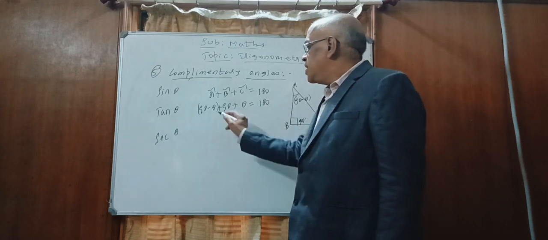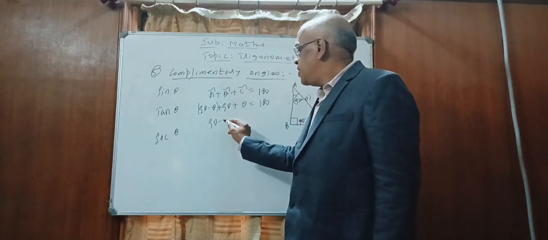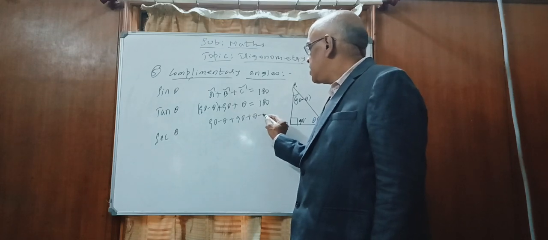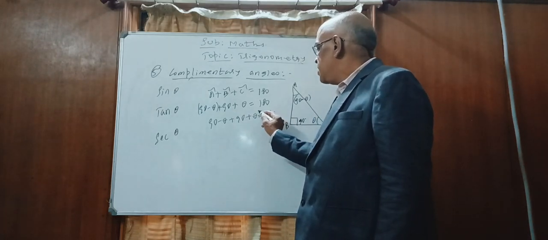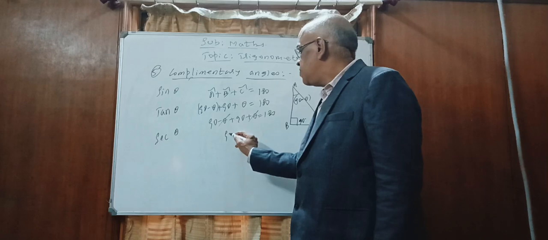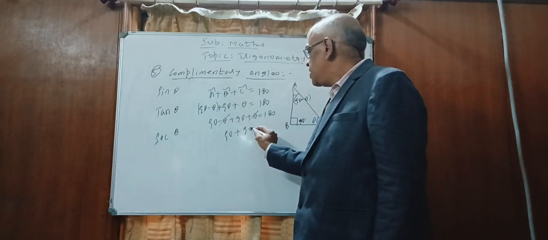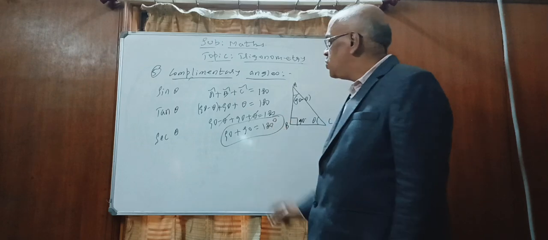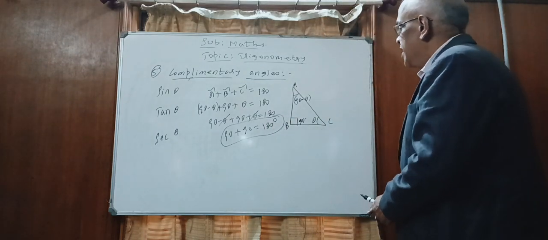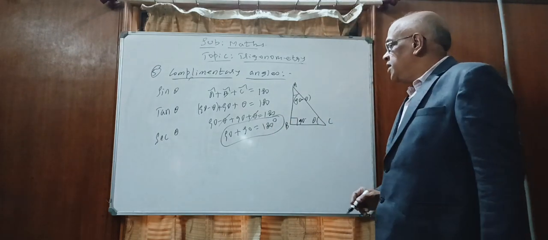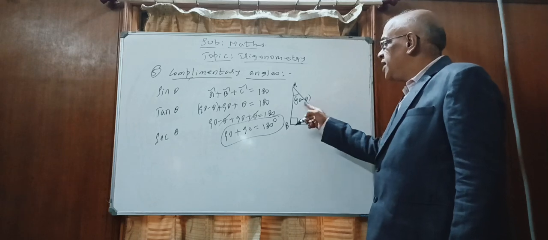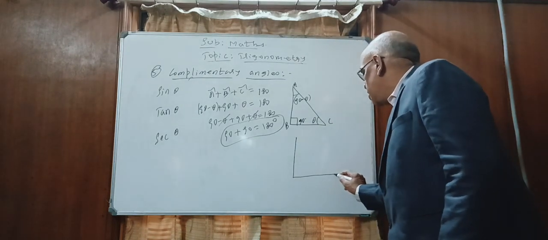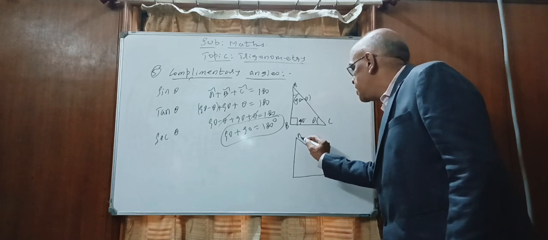Simplify. What will you get? 90 minus theta plus 90 plus theta is equal to 180. Minus theta plus theta cancels, and 90 plus 90 is equal to 180. The angle sum property is also proved. Many things you will learn here. So what I mean to say: what is the complement of theta? 90 minus theta. To avoid your confusion, I will explain this again.